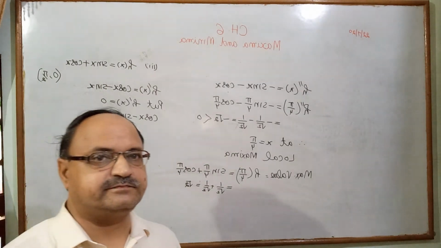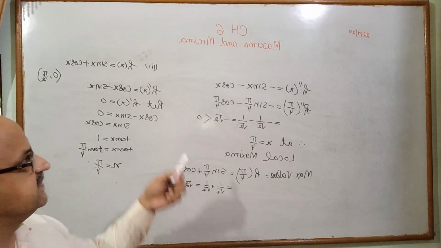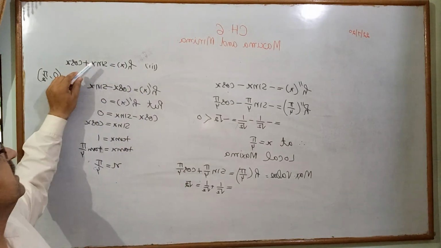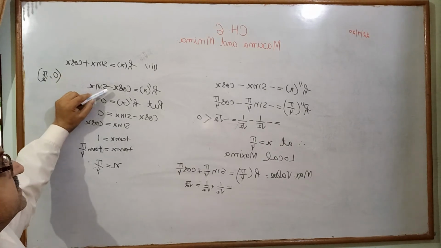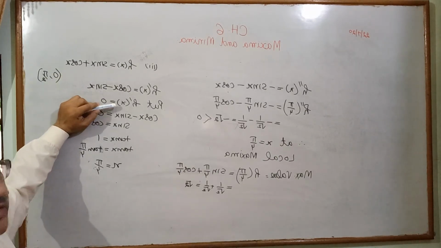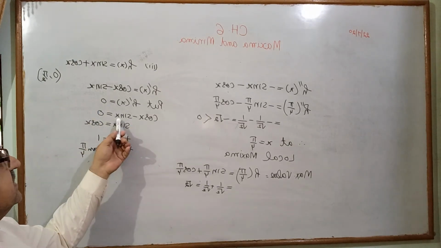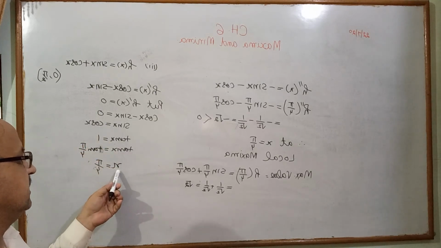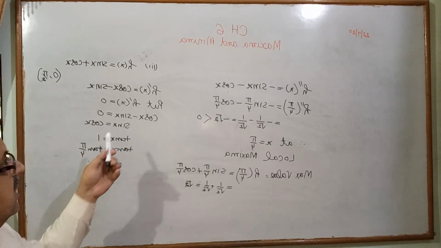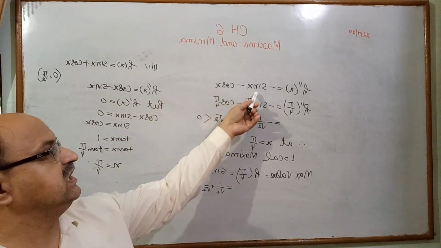Clear? Now you can solve this type of question. The same procedure, again I repeat. H of x, question is given. Firstly find its derivative. Then put h dash x is equal to 0. When you put h dash x is equal to 0, then you can find the value of x by simplification. The value of x is pi by 4. After that, find the second order derivative: the derivative of cos x minus sin x.